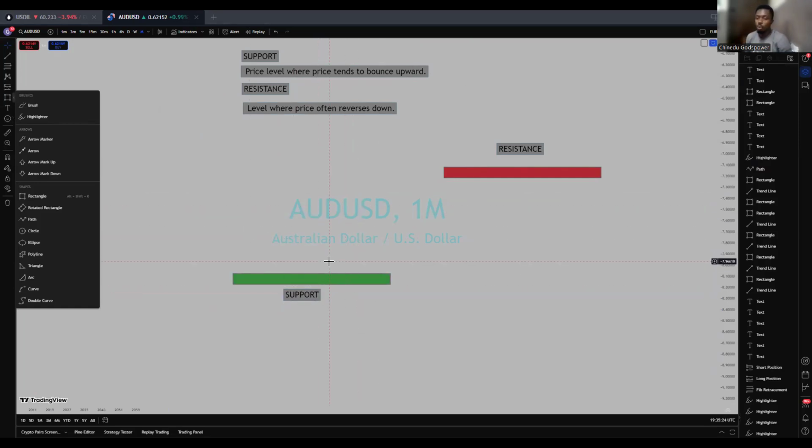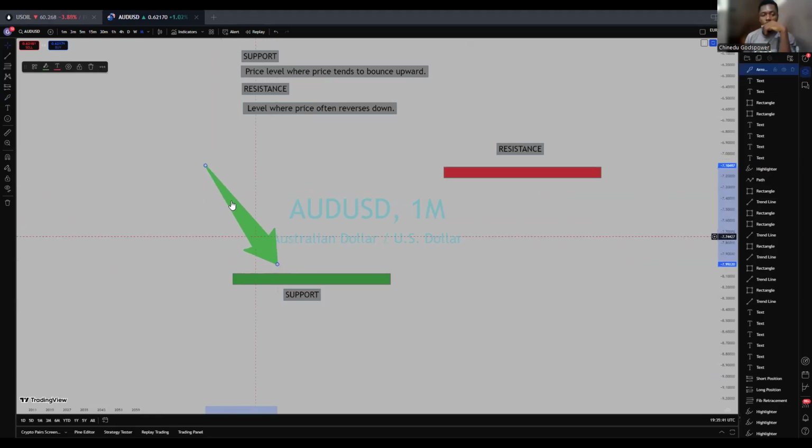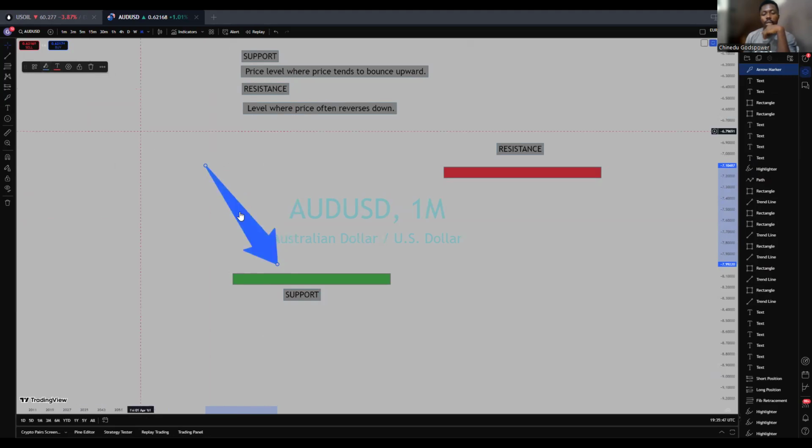Support is always below, while resistance is always above. Now, we have something coming in like this, right? Whenever something is coming downwards, let's use blue so we don't confuse ourselves.